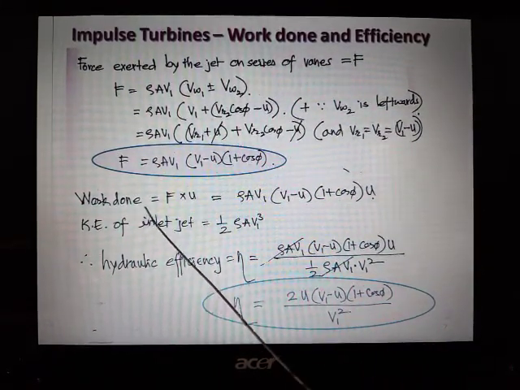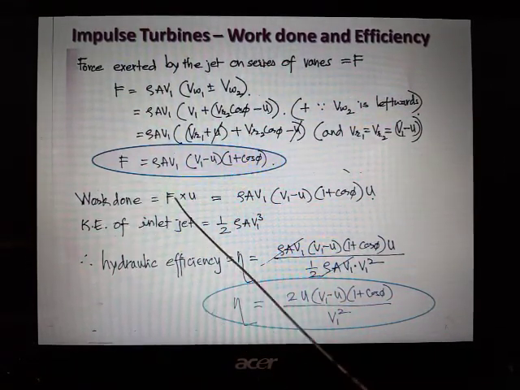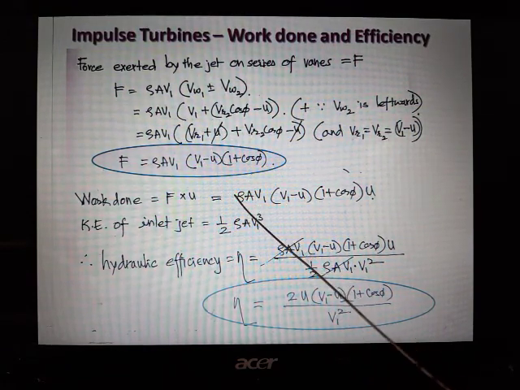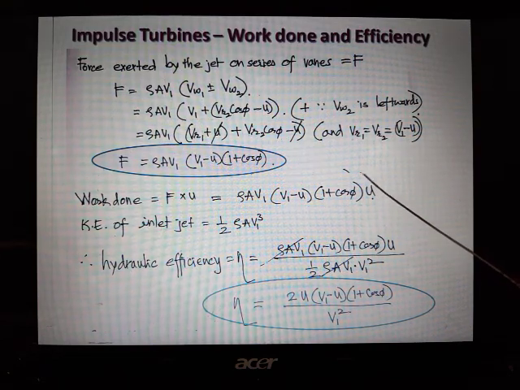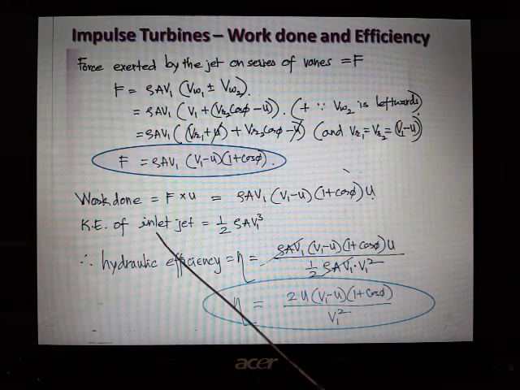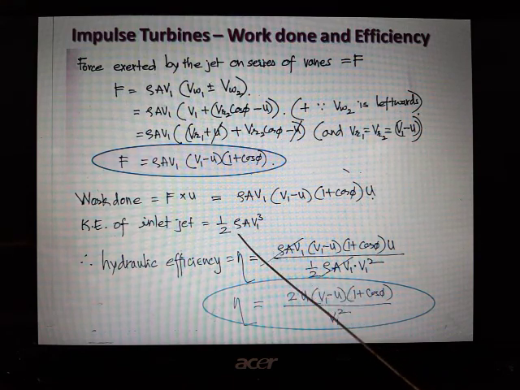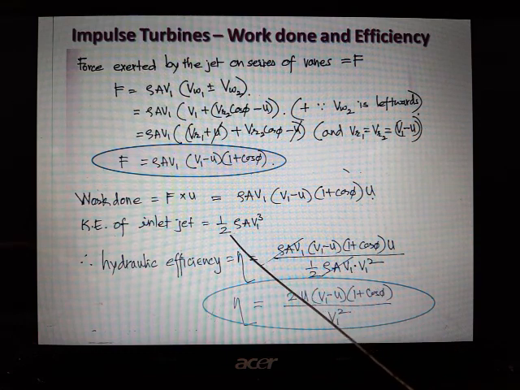Now work done becomes force into distance. Work done per unit time becomes force into distance divided by time, that is what is velocity. So this whole expression is as it is, with u extra. Now the kinetic energy of inlet is half m v squared. m is rho a v1, that's why it becomes rho a v1 cubed by 2.